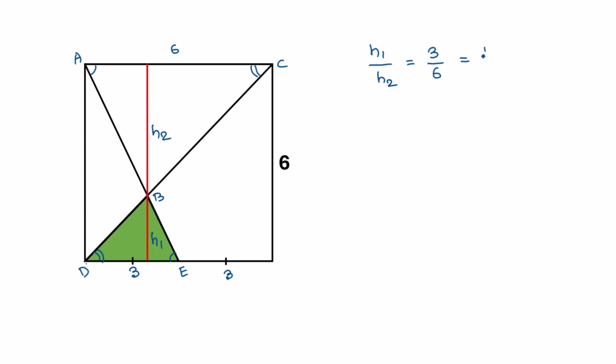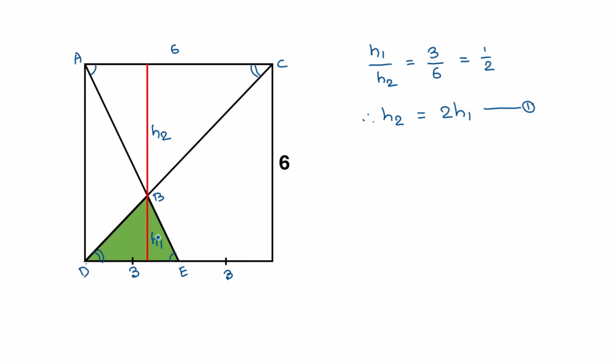Simplifying this, we get 1 over 2. Now applying cross multiplication, we will get H2 times 1. So we have H2 is equal to 2 times H1. Consider this as equation number 1.